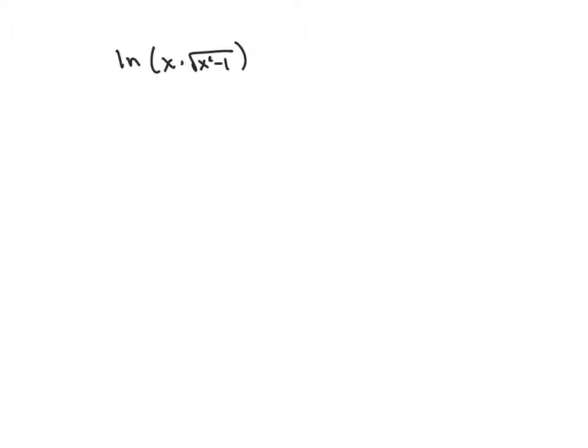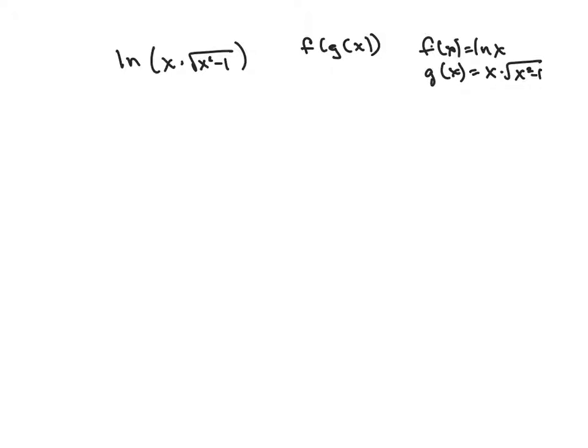But if we think about it this way, I have f of g of x here, because f of x would be the natural log of x, and g of x, God help us, is x times the square root of x squared minus 1.